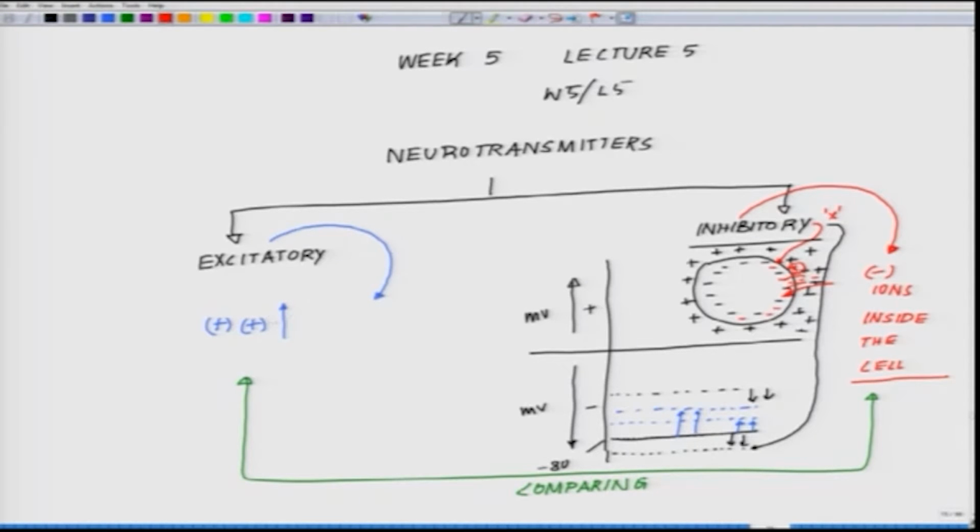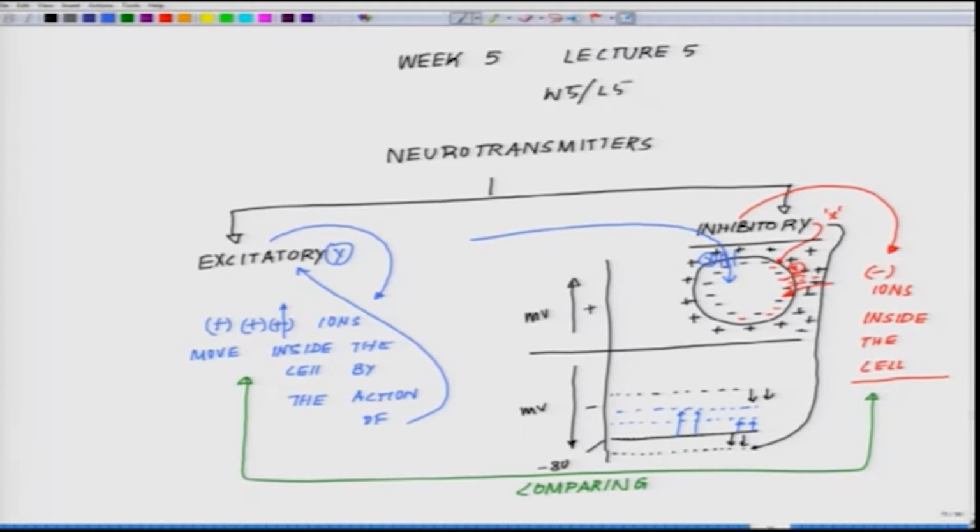So in this situation, positively charged ions move inside the cell by the action of an excitatory neurotransmitter, say it is Y. So, if Y binds here, then this allows the passage of something like this, right.